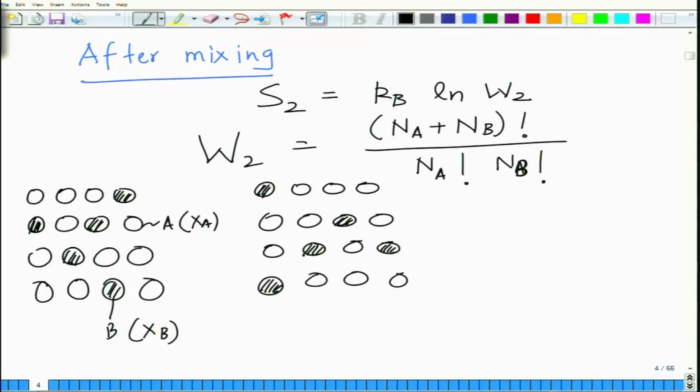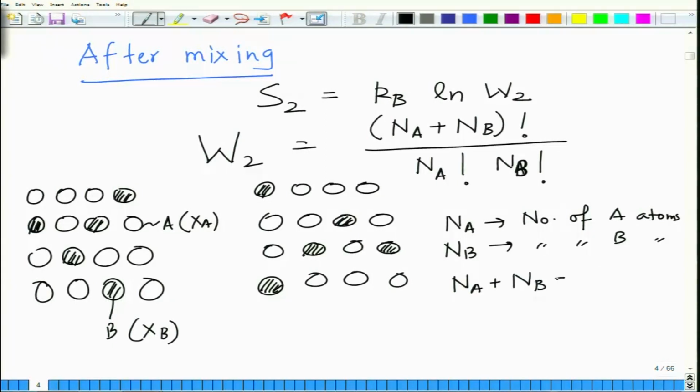I can arrange A and B in a solid solution of AB distinctly. So, this Na is the number of A atoms, and Nb is the number of B atoms, and Na plus Nb will be equal to N, which is the total number of atoms.